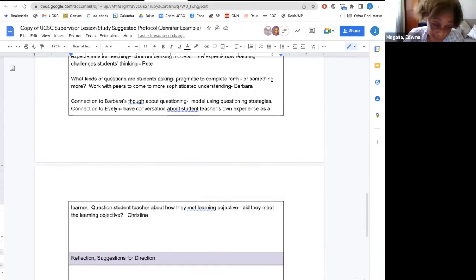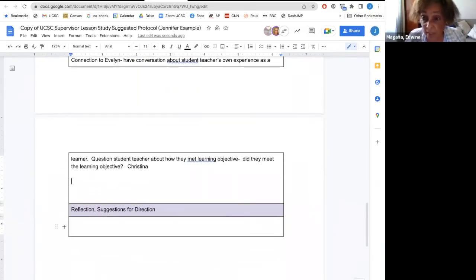I don't know where this fits in, but I just wanted to say one of the things that I use, and it might work for situations that we're talking about, is reflective questioning. It's always good to have a good set of reflective questions. I either ask the student teachers to bring them when they come into the PLC or ask them to email some areas of concern.